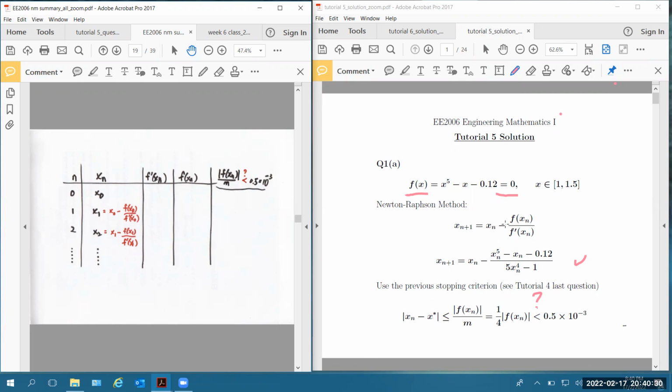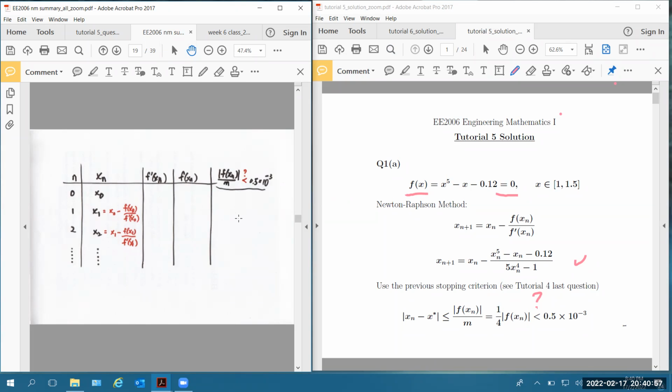Then because of the f(xn) and the f'(xn), we can also put in these two intermediate values. After that, you can substitute into here and get the next x(n+1). And of course, this last column is the stopping criteria.